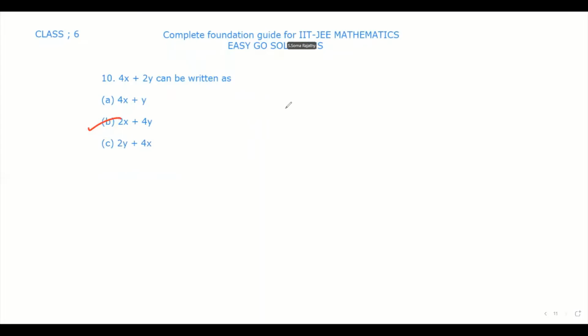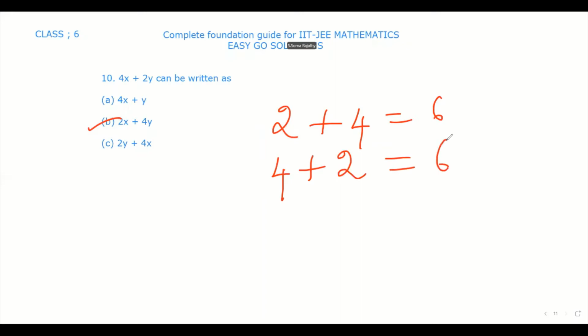For example, 2 plus 4 is equal to 6, and 4 plus 2 is also equal to 6. Changing the position of these two numbers, the value remains the same. The same way here in algebra, 4x plus 2y, with respect to addition, is the same.